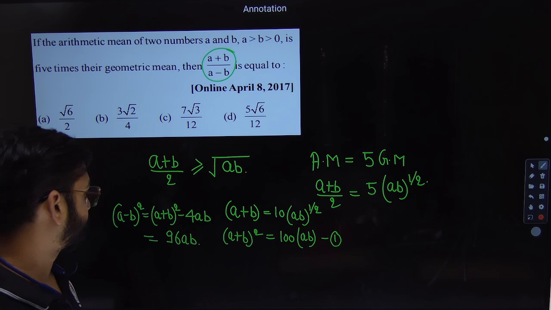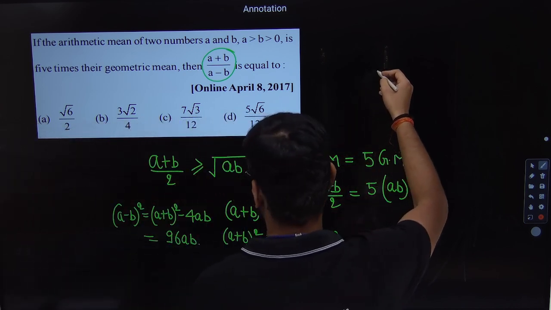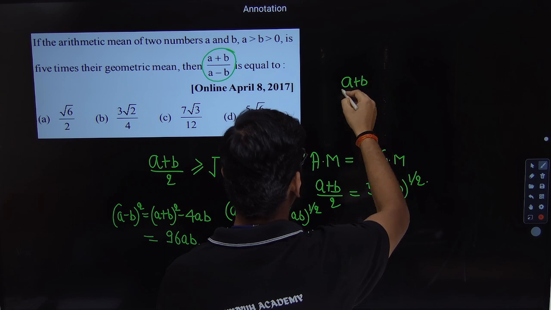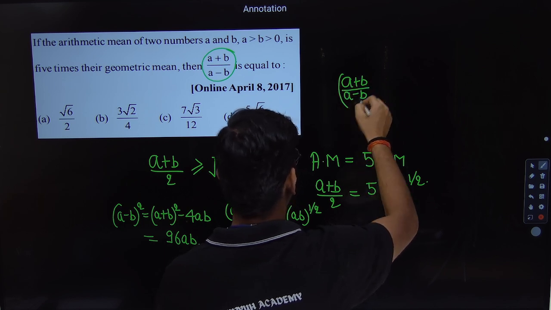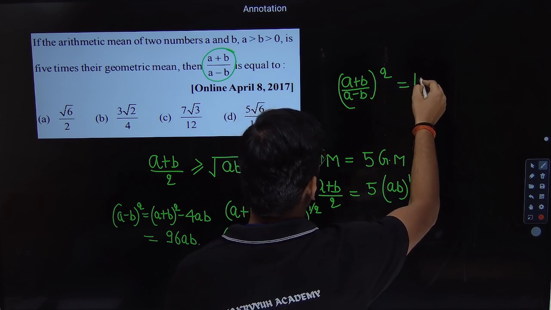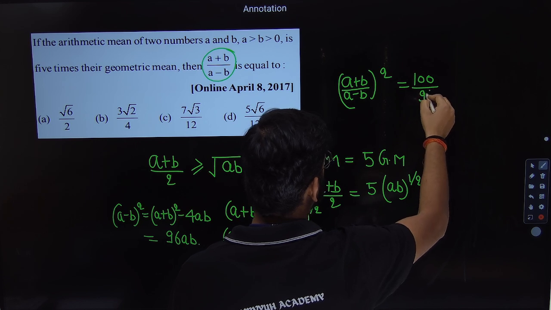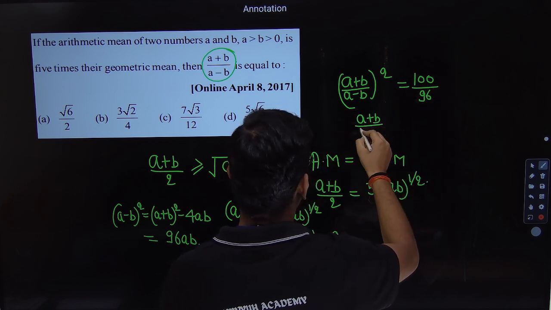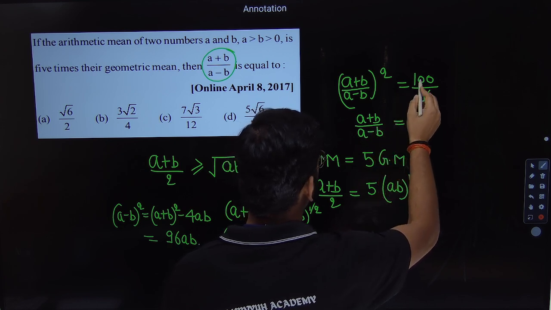Divide both. AB gets cancelled. So it will be a plus b whole square by a minus b whole square, equal to 100 by 96. So a plus b divided by a minus b is the square root of that.